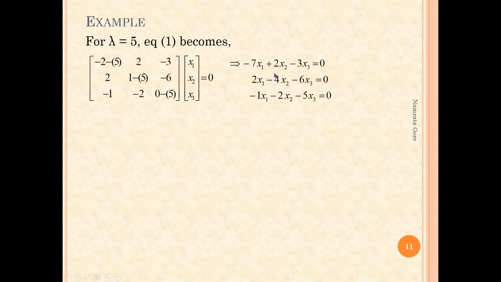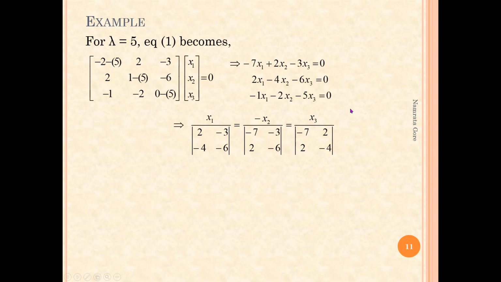These can be solved by Cramer's rule to get the values of x1, x2, x3. You can select any 2 equations, because for Cramer's rule you require 2 equations for 3 unknowns. Using any 2 equations you can evaluate the values of x1, x2, x3.